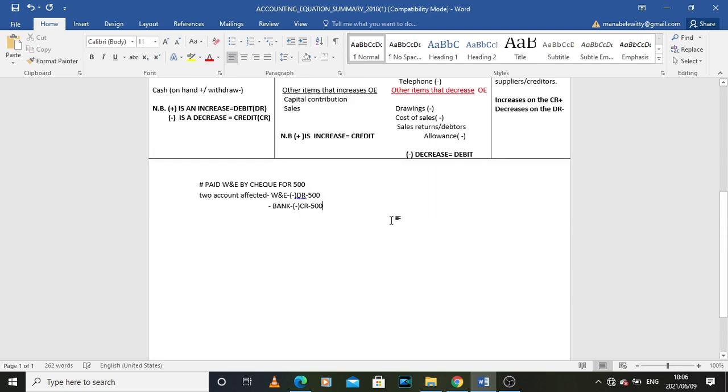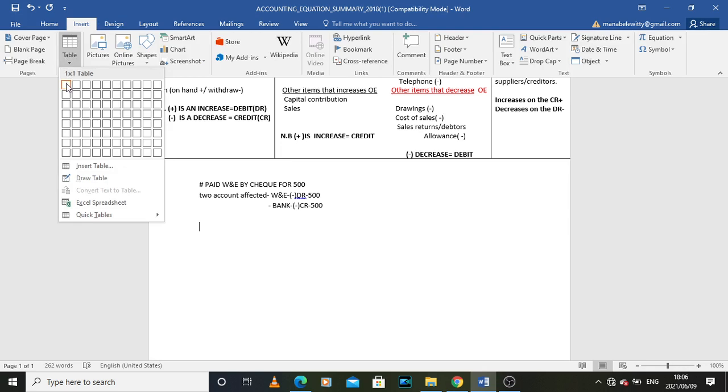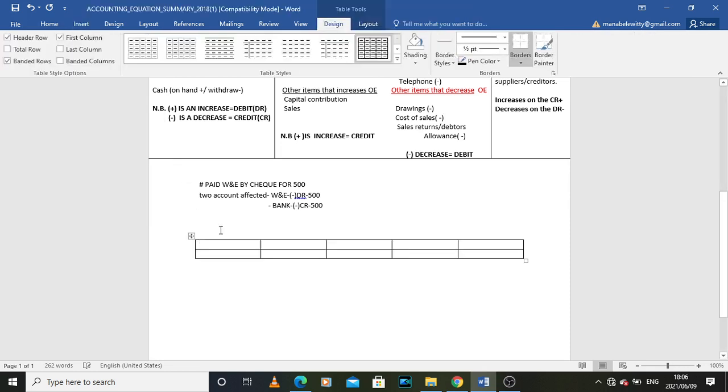How do you record? Let's take for instance recording this transaction on the accounting equation. Recording the transactions, this is what we have: account credited, and normally this is the structure, account debited, and then here we have our asset, here we have our owner's equity, and here we have our liabilities.